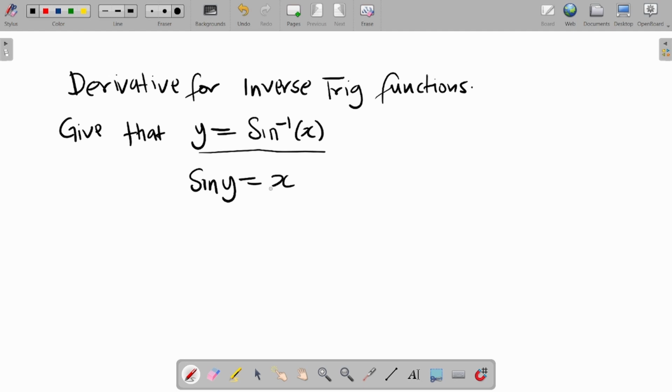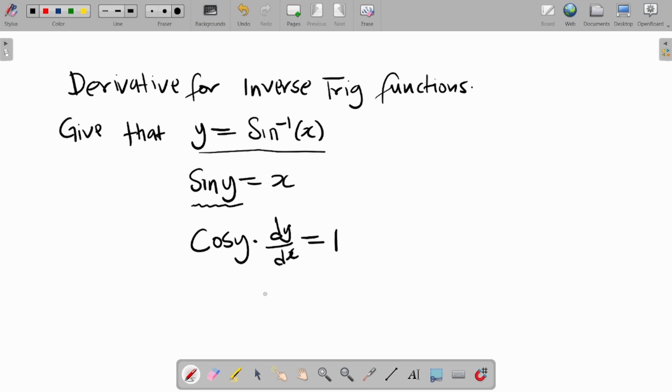So if you have to differentiate it, you're going to use implicit differentiation. So let's differentiate this function here. The derivative of sine y will be cos y times dy over dx, equal to the derivative of x, which is 1.